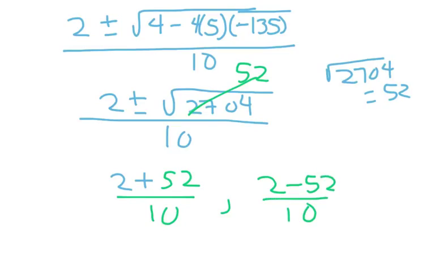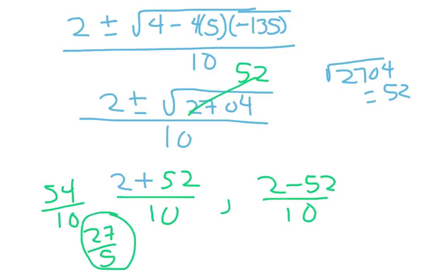This part is going to be 54 over 10, so that's 27 over 5. And this one is -50 over 10, which is -5.